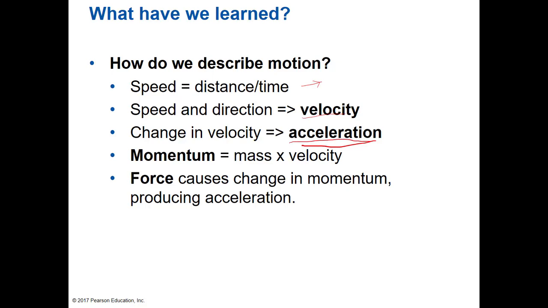The momentum is defined as the mass times velocity. This is the linear momentum, that means the momentum in a straight line. The formula for the force is equal to the mass times acceleration.